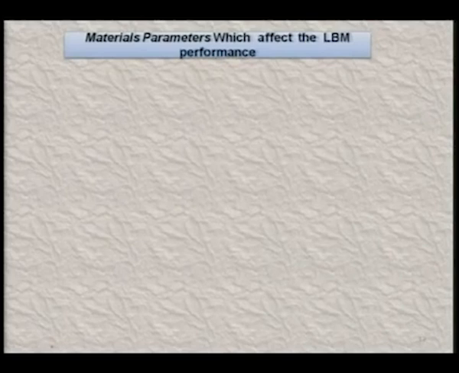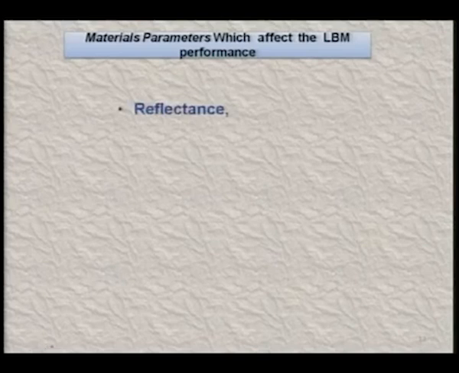Now, material parameters which affect the performance of laser beam machining. This is very important: while selecting laser beam machining, we should pay special attention to the properties of the workpiece material, otherwise you may not get the desired result, because for certain materials, as we will see later on, like copper or aluminum, laser beam machining is not very effective.